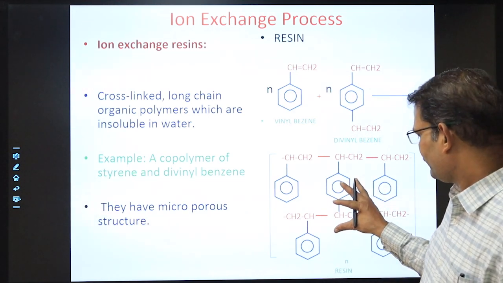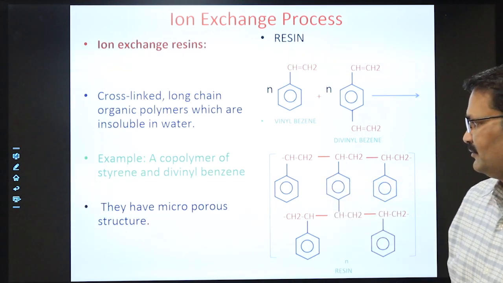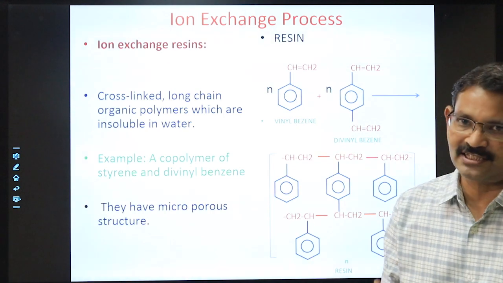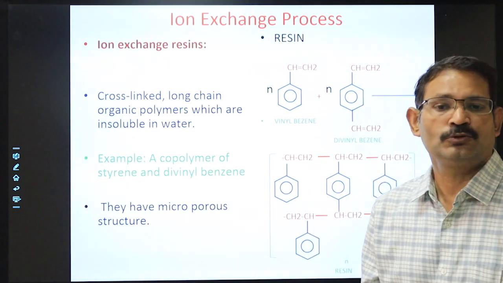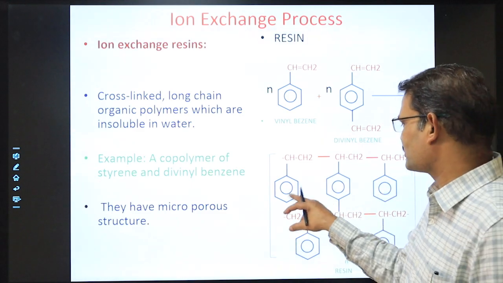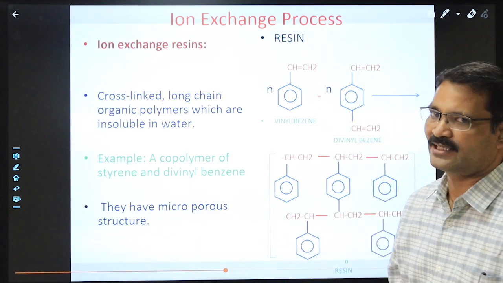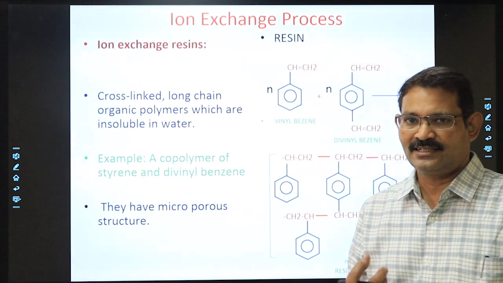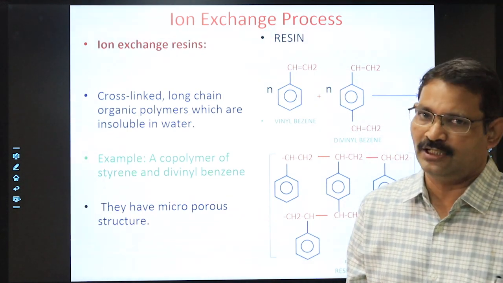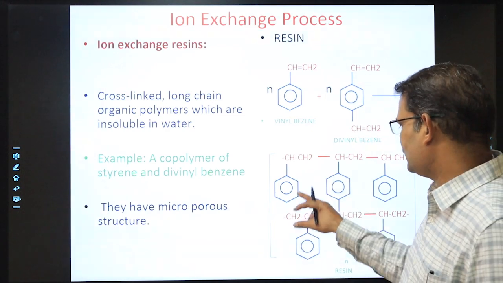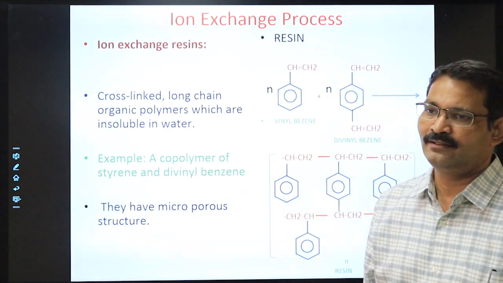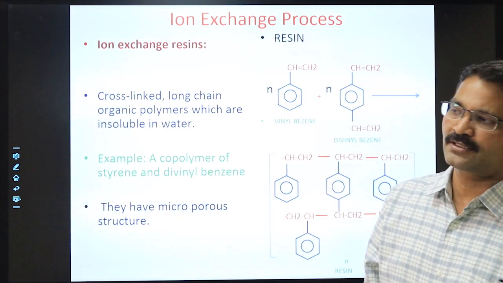It is a hydrocarbon, but when we want to exchange ions, it needs polarity. So we have to introduce polar groups into this particular resin. This introduction of polar groups, we normally call functionalization. We have to functionalize this hydrocarbon resin with different groups.